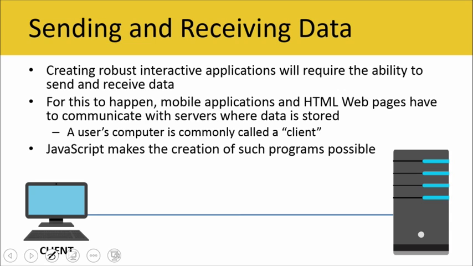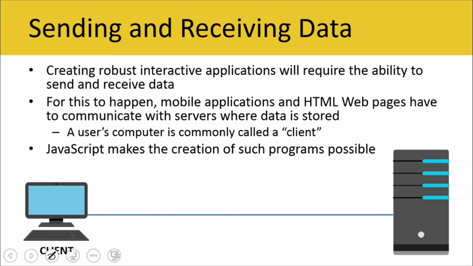Using a web browser is really interesting, and creating robust interactive applications requires the ability to send and receive data. For this to happen, we have to be able to communicate with servers when we're on our phones and on our PCs and laptops and all those other great devices that we use, right?